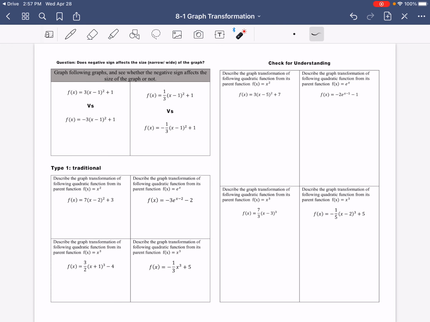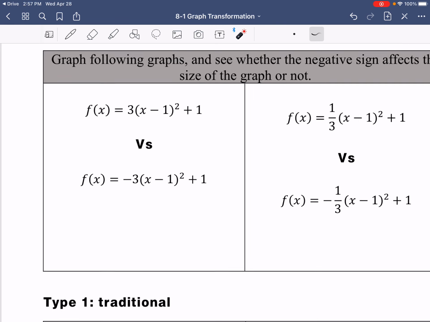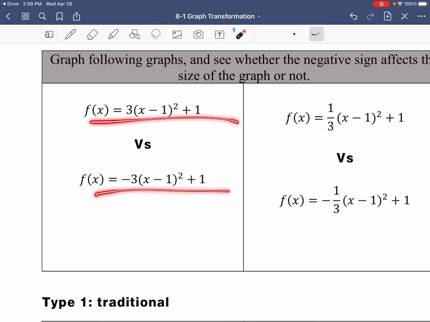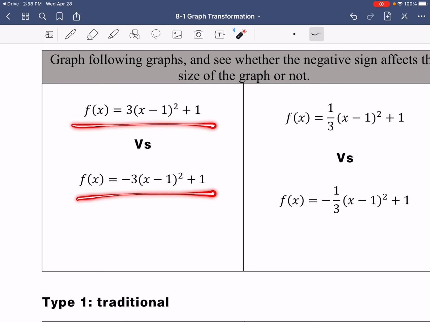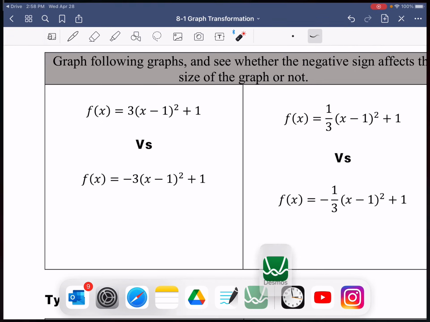So let me teach you the difference between these two. If you look at these two, you know 3 is bigger than 1, right? So it's gonna be stretched. And this one is -3, which is smaller than 1. So do you think this one is stretched or compressed? Let's graph it.